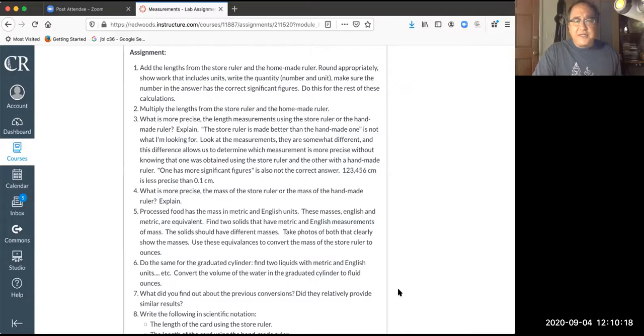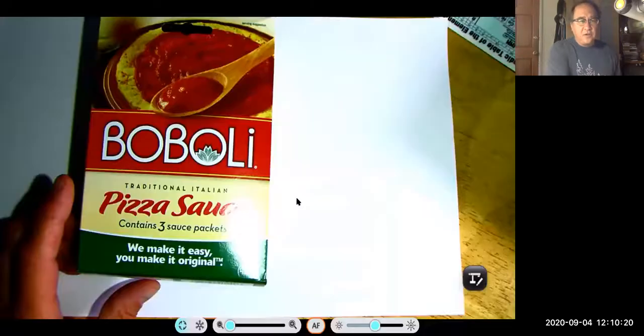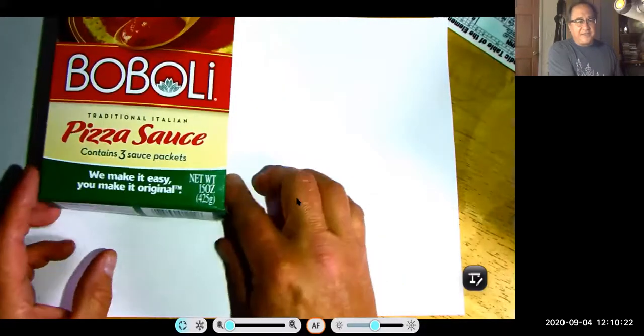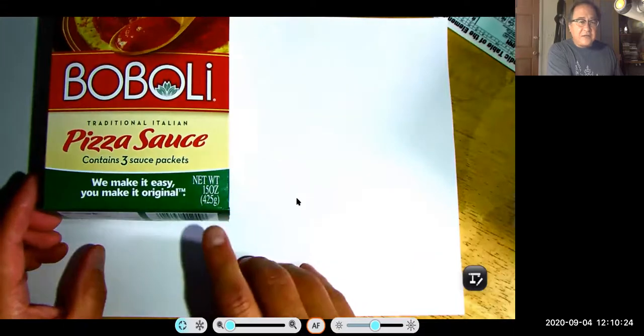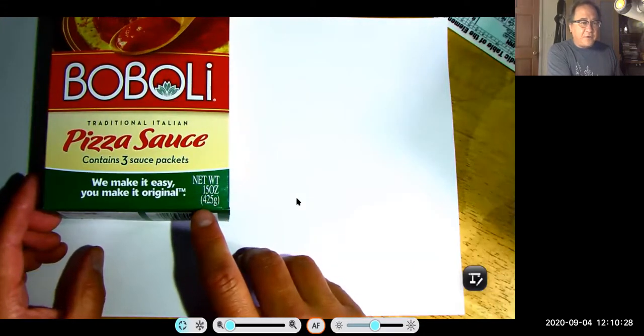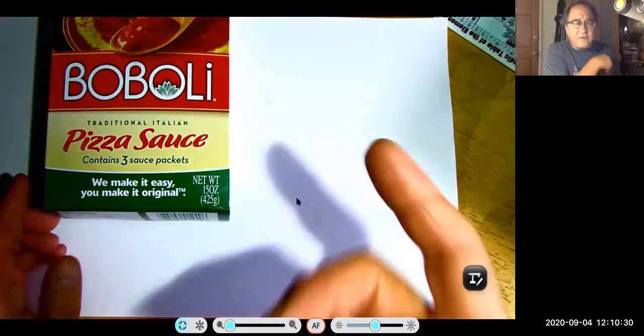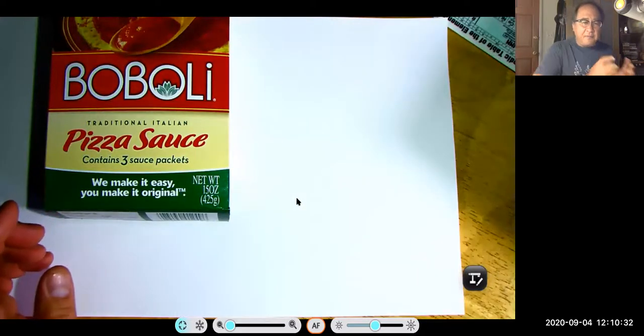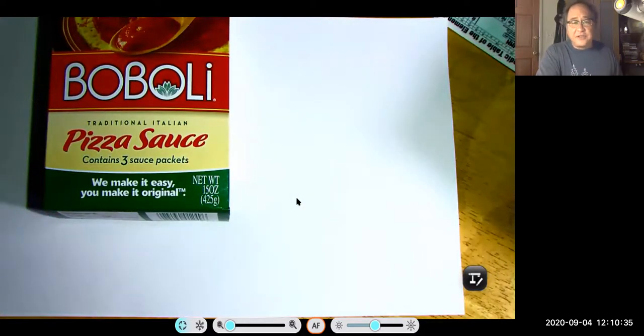And what you're going to see here is some Boboli pizza sauce. Here we have 15 ounces and 454 grams. The 454 grams are metric units and the 15 ounces are English units. So that's an example of some sort of processed food that has both masses on the box. Now I'm going to go back to my share here with the question.